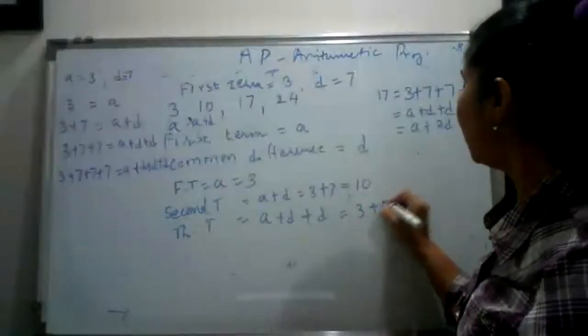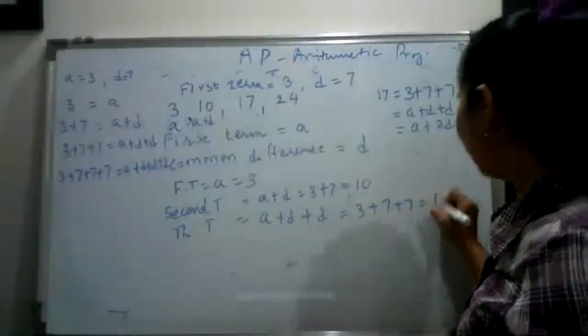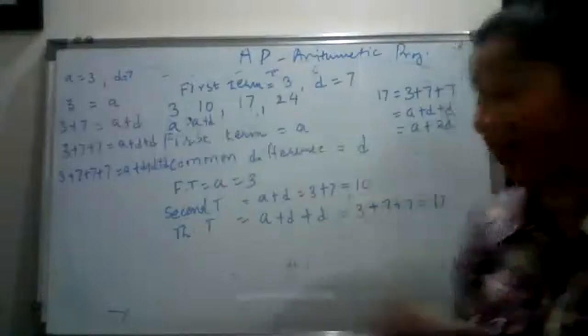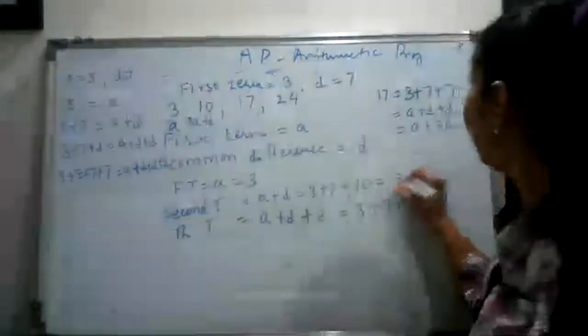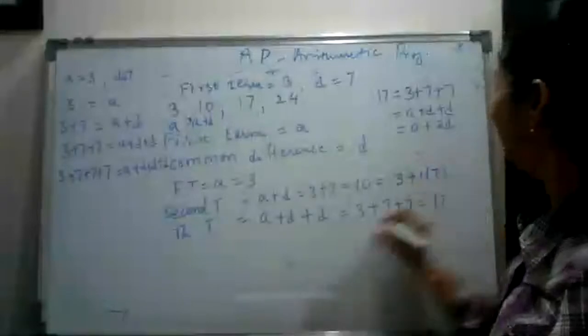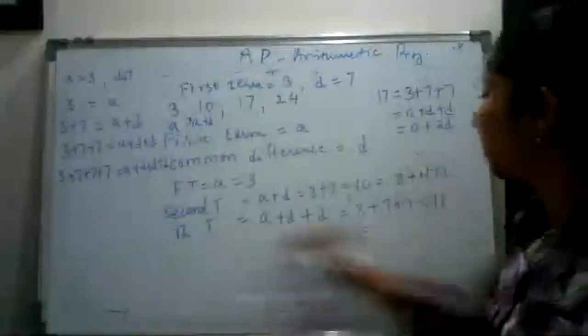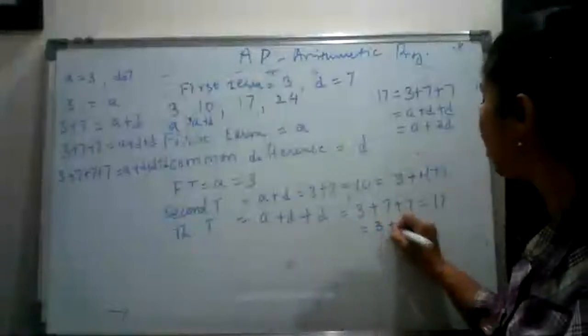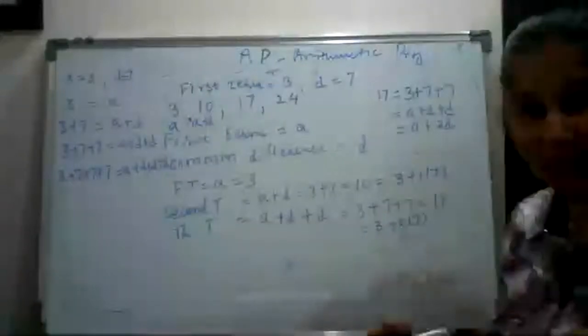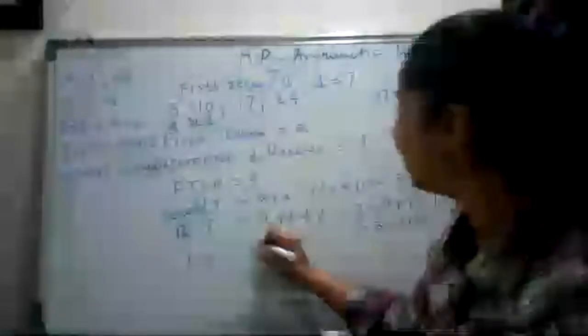So 3 plus 7 plus 7, that is 17. Now look at it please. That is 3 plus 1 times 7 in the second term, third term में 3 plus 2 times 7, isn't it? Fourth term में 17 plus 7, this is 24.